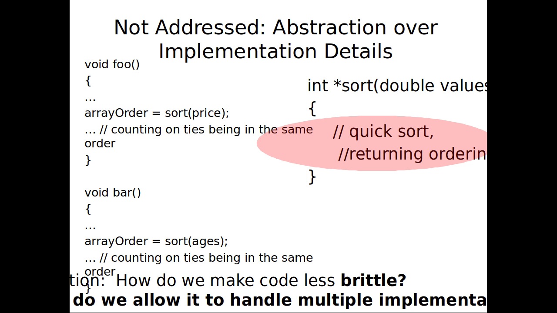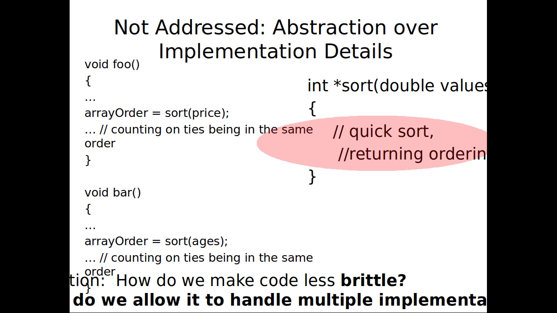So if we have price, some initial indices, and two of them have the same price, maybe we're counting on the indices associated with them being retained in the same order, not being switched. So if index A is before index B, and they both are associated with the same price, then we're going to be retaining them in the same order within the sorted code.